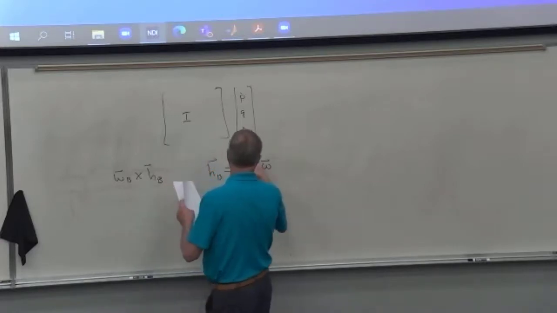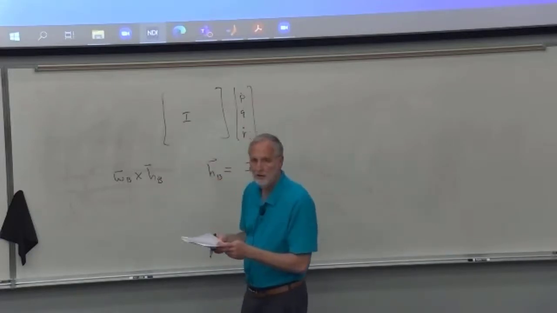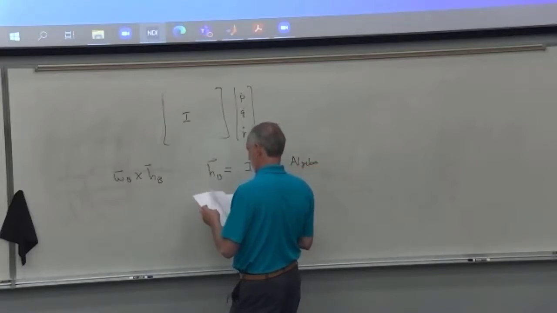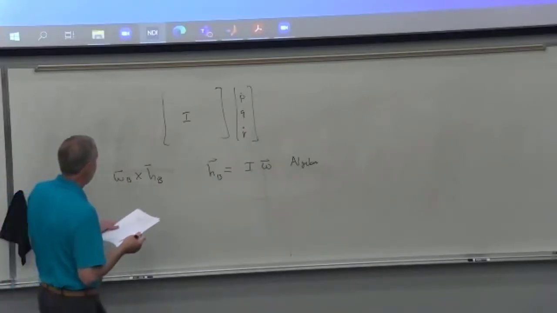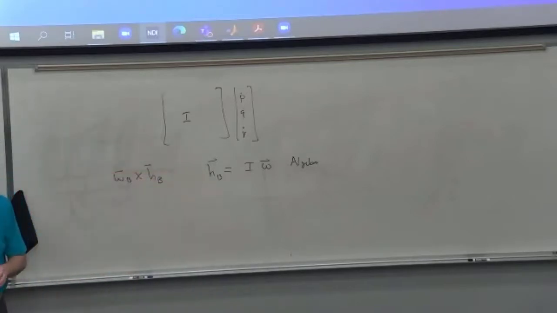So you end up with a vector here that you then have to cross product. So you just have to work through the algebra here. This takes a bit of time, but just go through the steps of taking that product, and that's it.